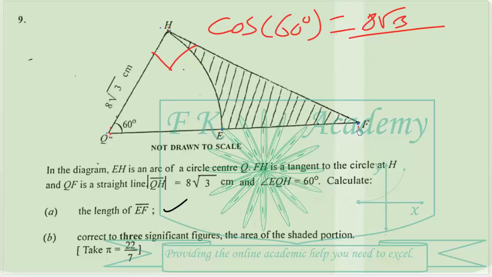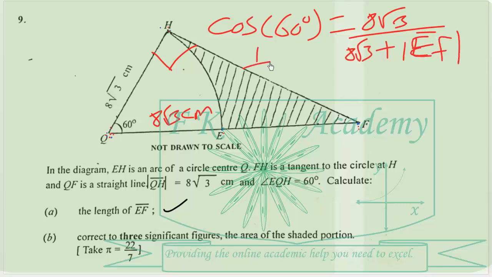And QF is made up of QE, which is also 8√3, because the radii are equal in length, plus the length of line segment EF.